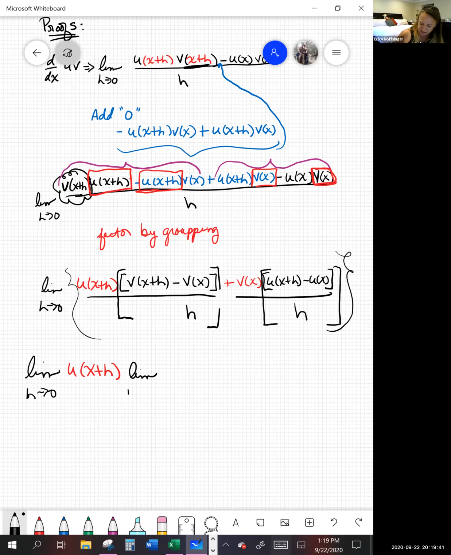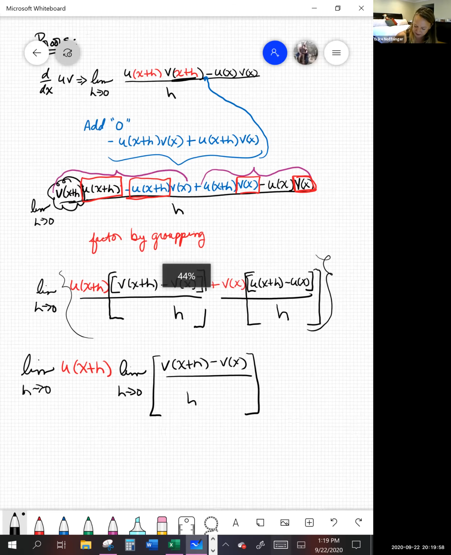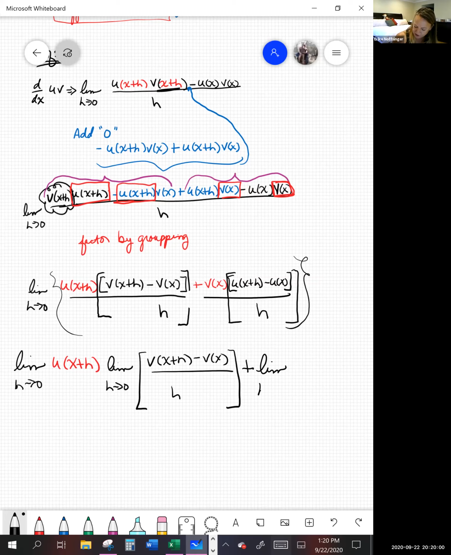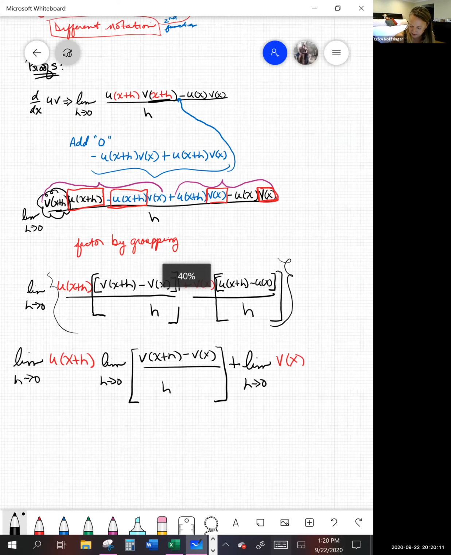This is times the limit as h goes to 0 of this piece, v of x plus h minus v of x all over h, plus, using my rules of limits, the limit as h goes to 0 of this first piece, which is just v of x, times the limit as h goes to 0 of that second piece.